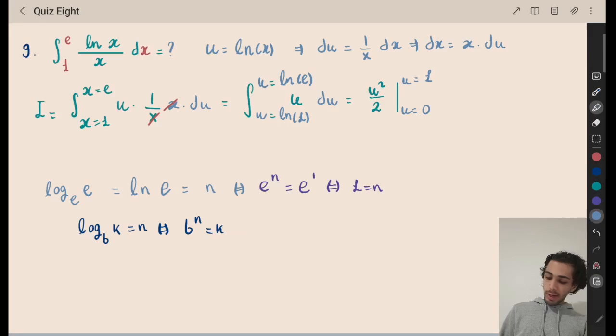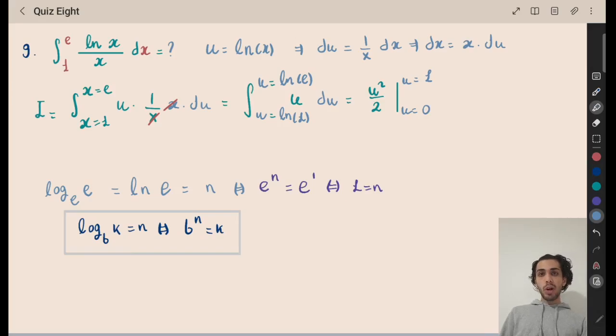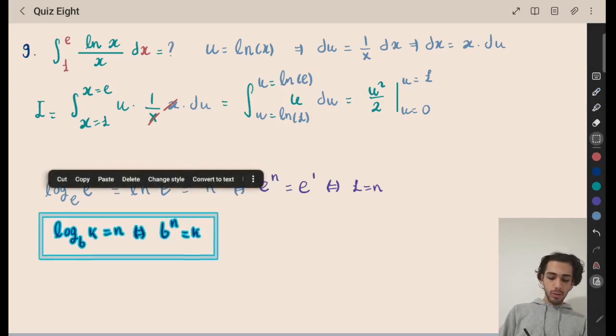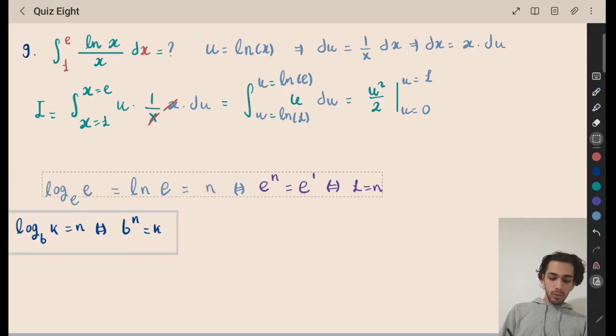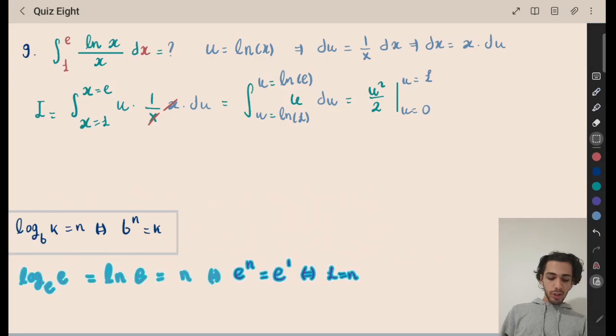So I have a good exercise for you. Can you check that ln of 1 will give you 0? So you can check this. It should be nice. An ln is a log with base e, so it's ln of 1, log base e of 1 is equal to some number we still need to find out.